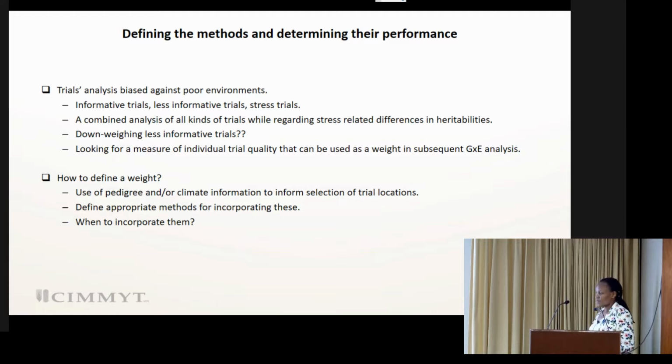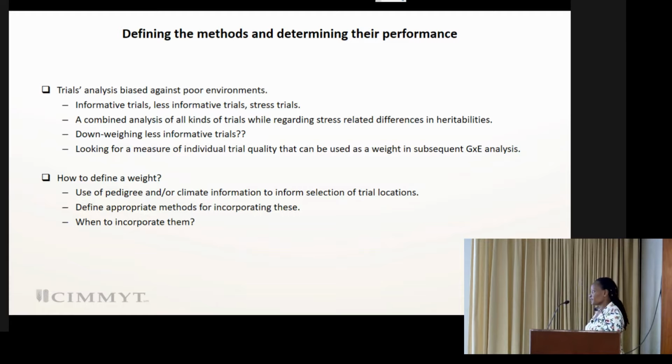So we consider maybe downweighing less informative trials, looking for a measure of individual trial quality that can be used as a weight in subsequent G by E analysis.